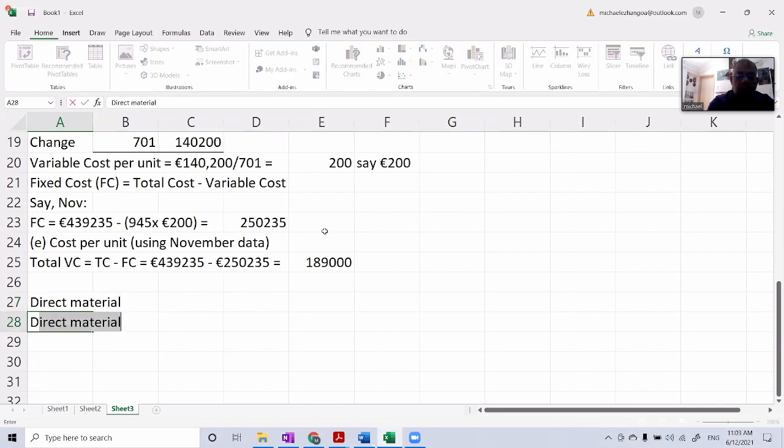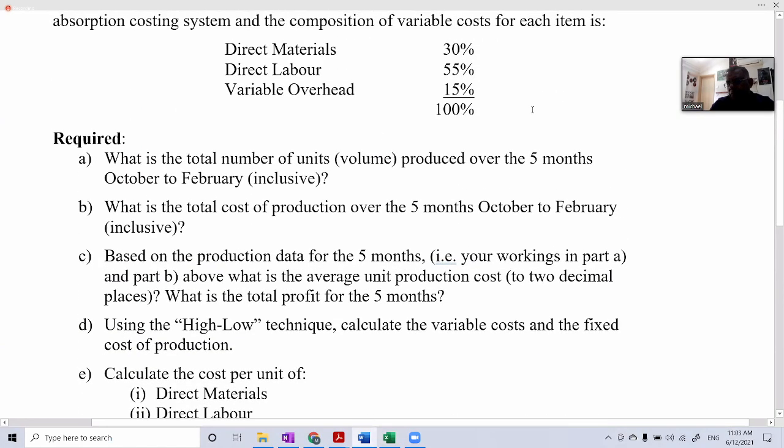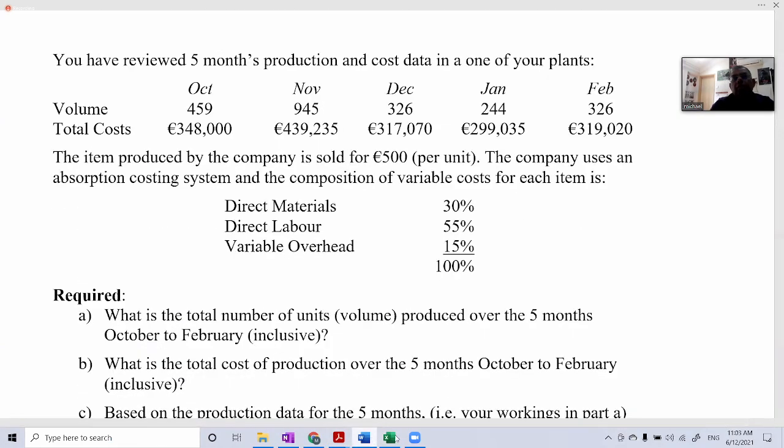Now, for direct material, it will be $189,000 multiplied by 30%. Right? So 30%.